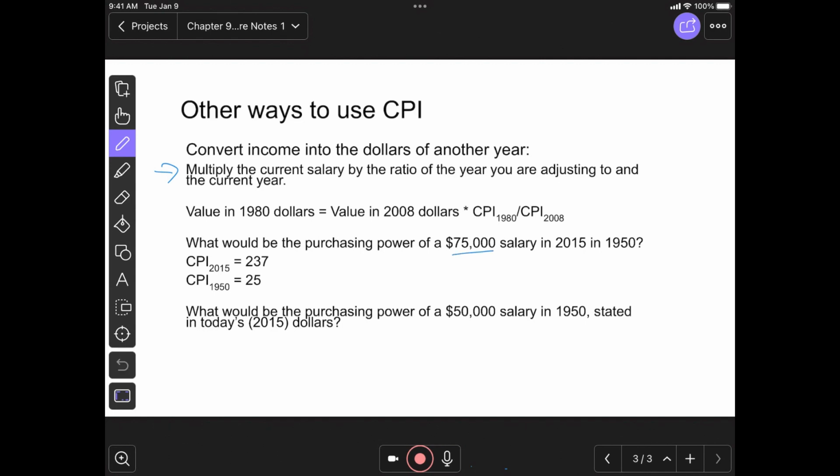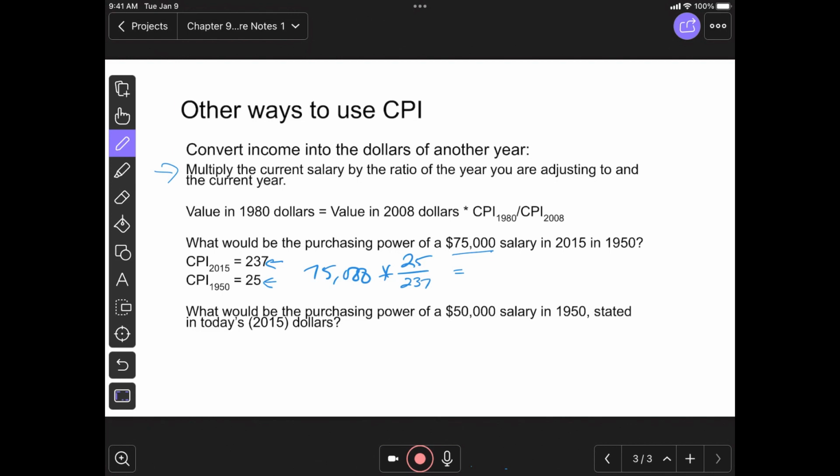So if we want to convert a $75,000 salary in 2015 into 1950 dollars, we're going to take that salary, $75,000, and we're going to multiply it by the ratio of the year we're adjusting to, which is 1950. So the CPI in 1950 is 25. And then the ratio of the CPI of the year we're adjusting from. So there's our ratio.